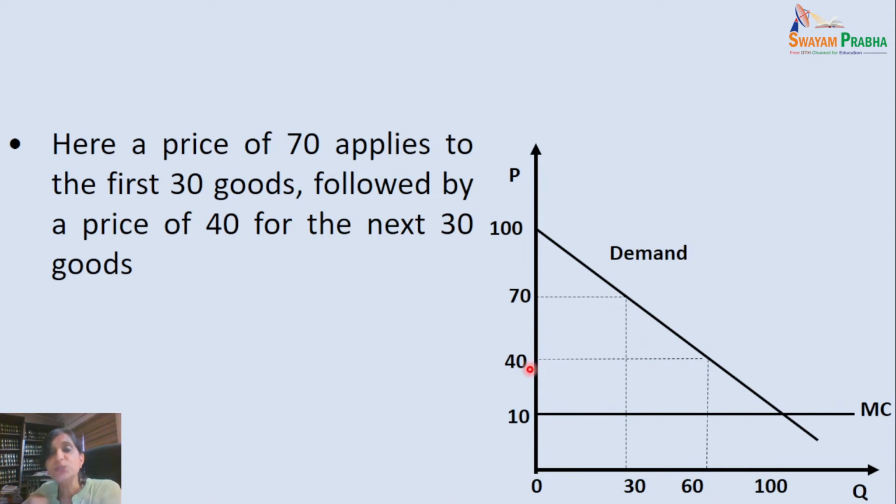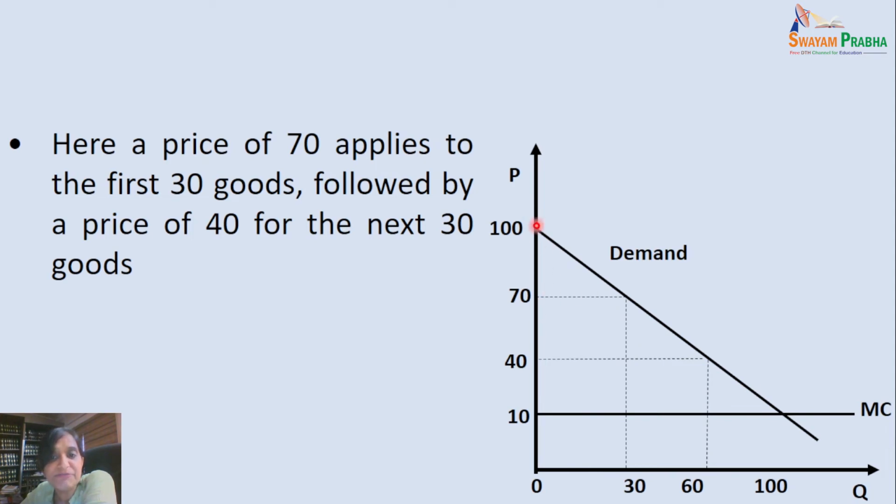In second degree price discrimination, some amount of consumer surplus is left. For example, in this graph, the highest possible price is 100. How much is this consumer being charged? If you are buying from 0 to 30, 70 rupees is being charged.